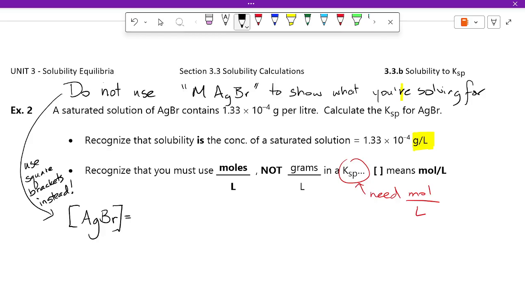Not that it's entirely wrong to say the molarity of the AgBr, but it makes you look ignorant. Do you want to look ignorant? No. You want to look like you know. You're a chemist. As a person who's been teaching chemistry for years and years, I would never write that, ever.